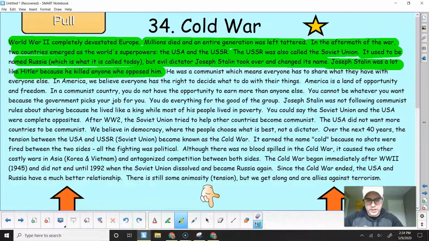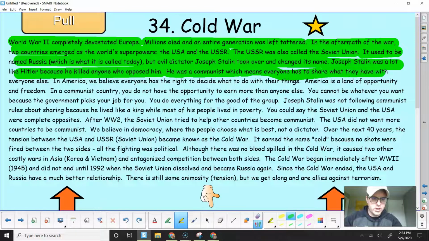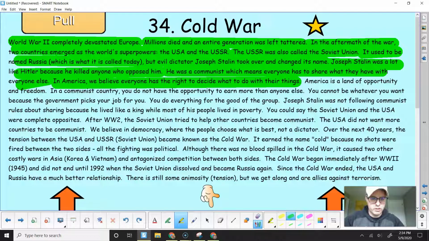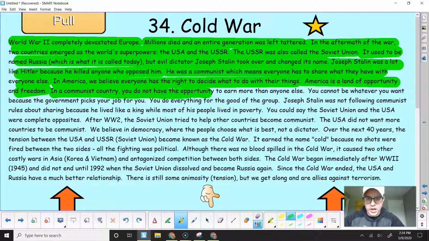The only difference is that Stalin was a communist. This means that everyone has to share what they have with everyone else. In America, we believe everyone has the right to decide what to do with their things. America is a land of opportunity and freedom. In a communist country, you do not have the opportunity to earn more than anyone else.